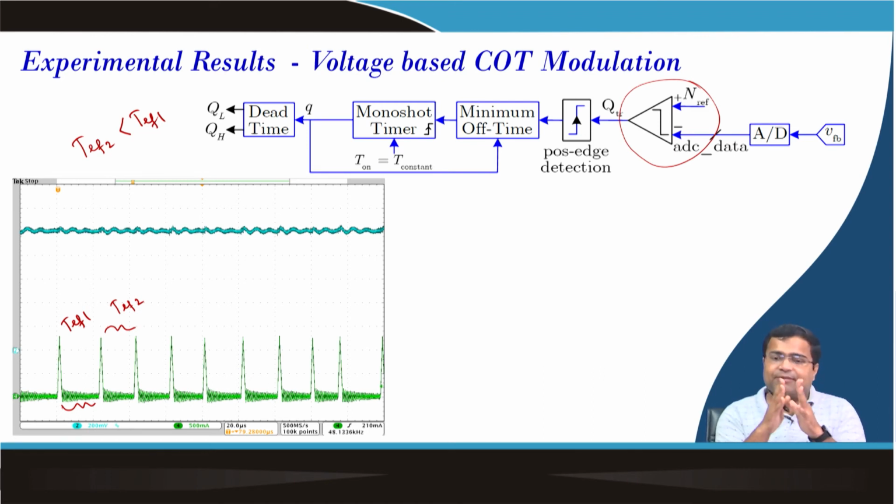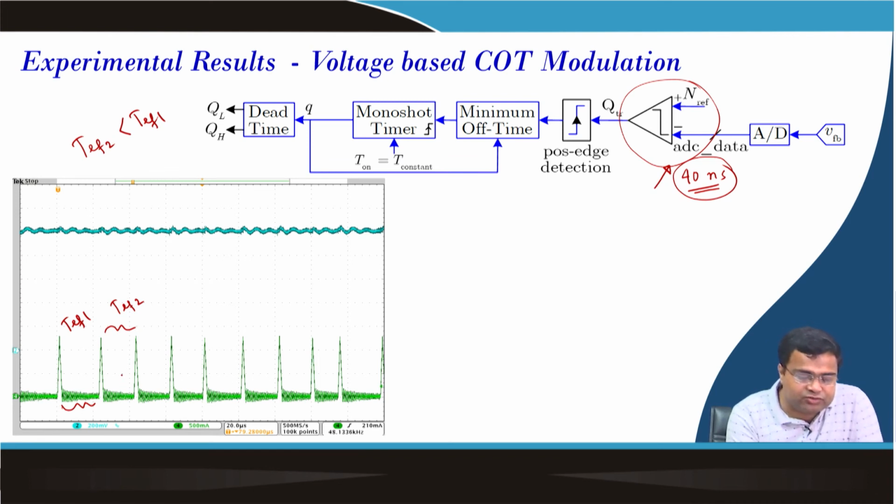The time has a finite resolution, because the data is taken after every 40 nanosecond, and during this 40 nanosecond your actual output voltage might have crossed, but we are not taking action because the data is not available. As a result, this time quantization, you are actually getting some jitter in the time period in the T effective, which will be avoided if you simply use an analog comparator.